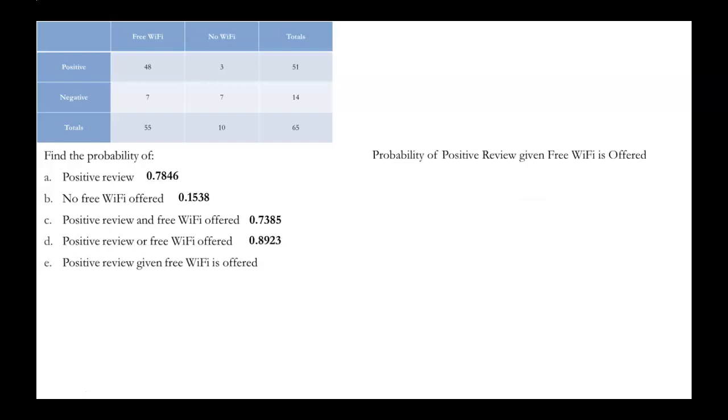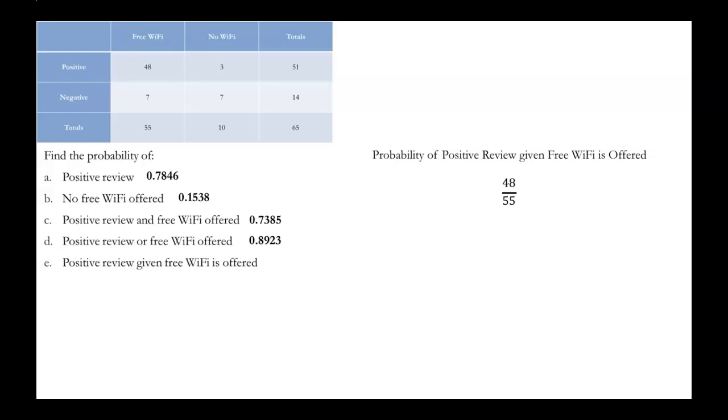Now, finding our last probability here, the probability of a positive review given free Wi-Fi is offered. When we have a given like this, that given becomes your denominator. So the total for the free Wi-Fi is your denominator, that 55.